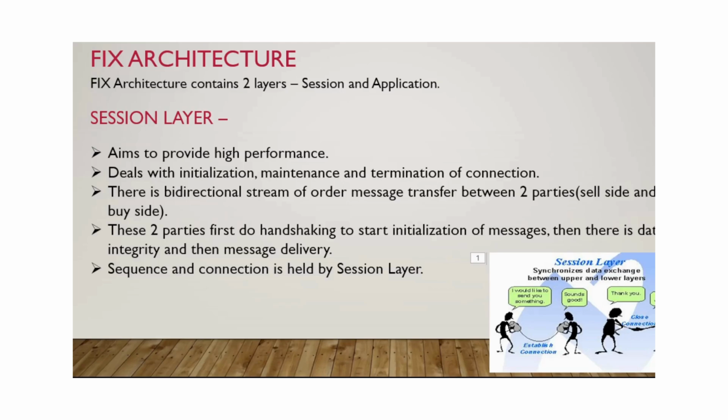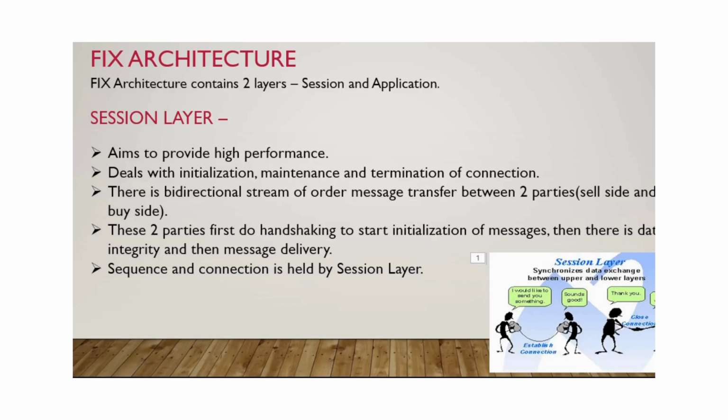Like, hey, I would like to send you something, and receiver will check on his side whether the sender is configured at his side. Yeah, it is proper sender. Yeah, it sounds good, and establish a connection. So main duty of session layer is to establish connection and close the connection.